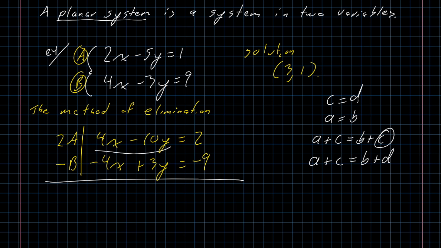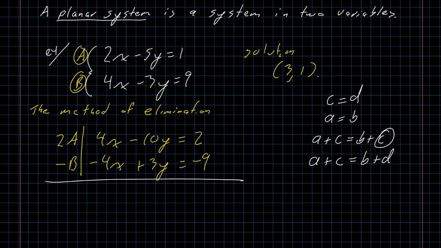Our A is 4x minus 10y. Our B is 2. Our C is negative 4x plus 3y, and our D is negative 9. And we can add A plus C, we can add B plus D. 4x minus 4x is 0x, which is just 0.